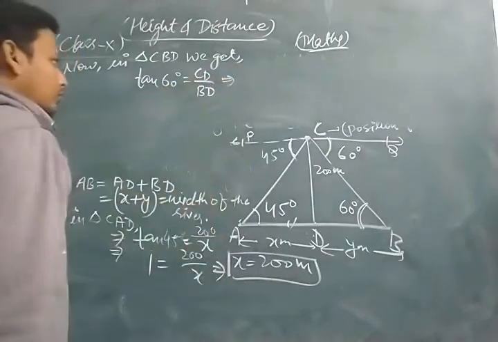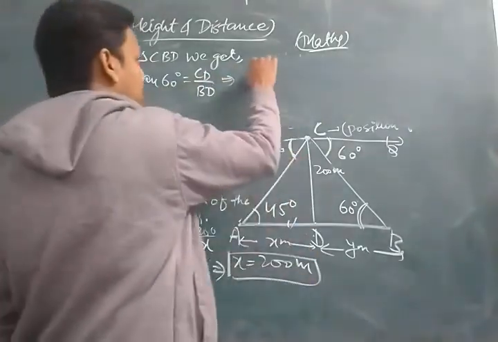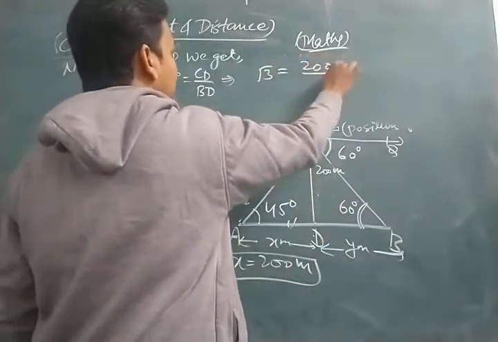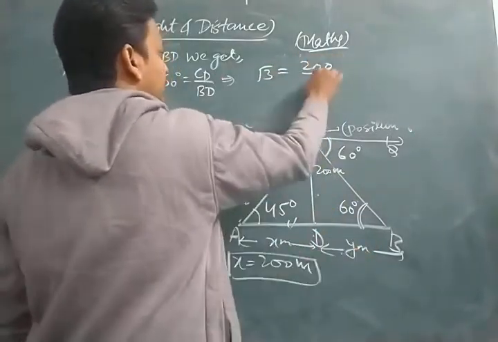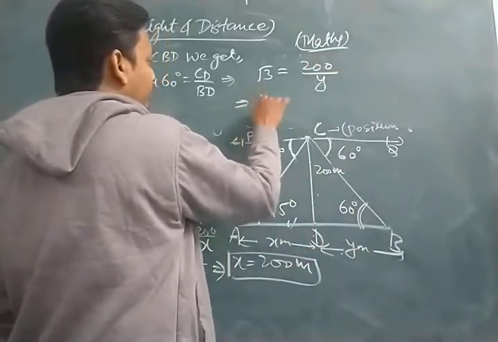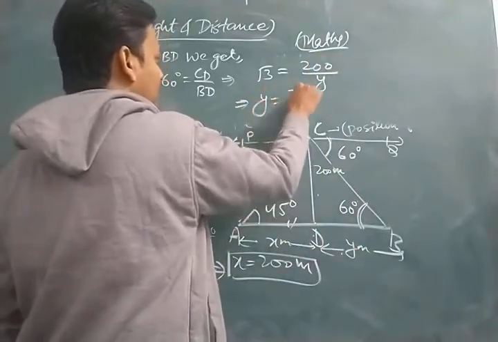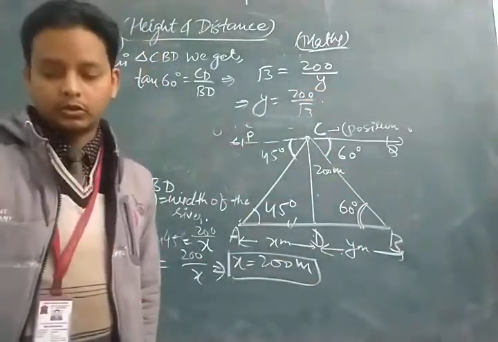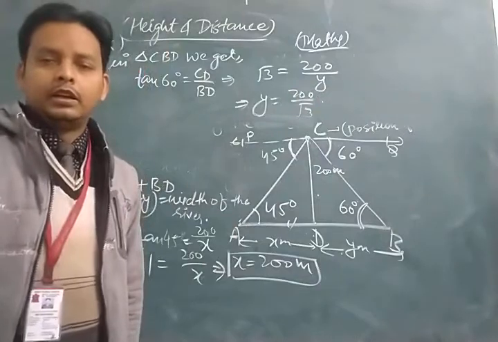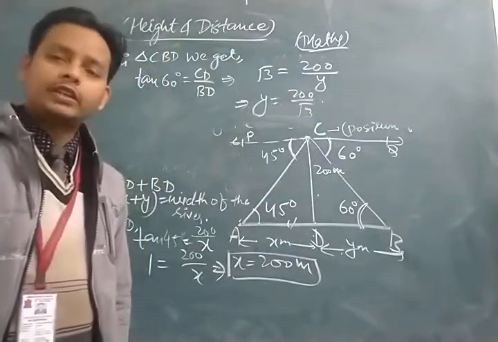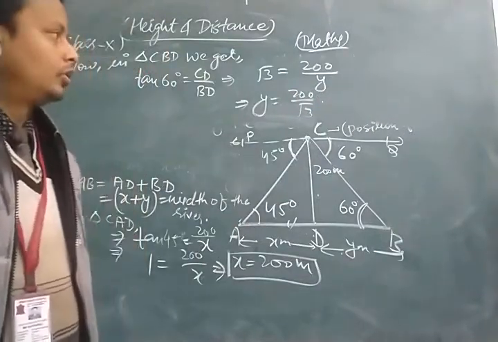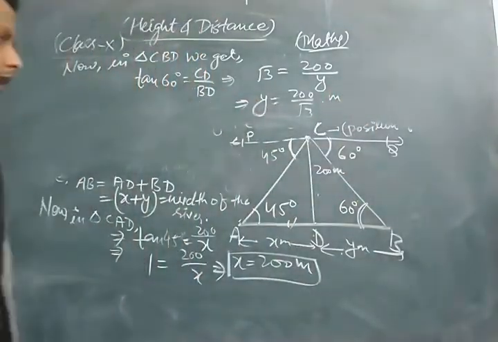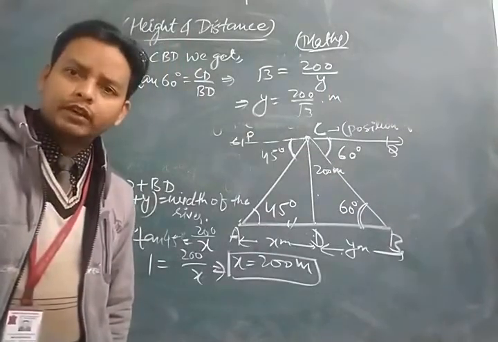Now the value of tan 60 is root 3, and the value of CD is 200, upon BD, that is y. Now the value of y is what? 200 by root 3. The value of y is 200 by root 3 meters. In this way, we find the value of x as well as the value of y.